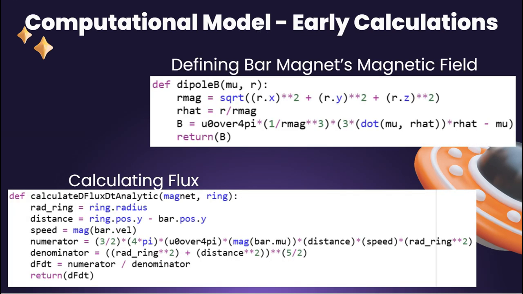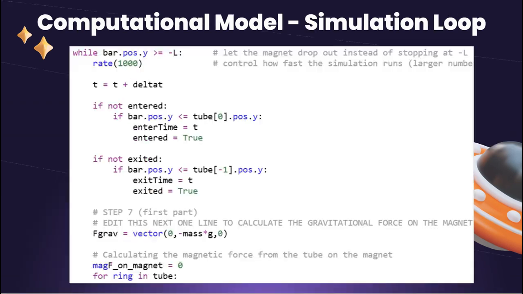The first calculations we did define the bar magnet's magnetic field, which is this definition at the top, and then calculate the flux down at the bottom, utilizing the magnetic field of a dipole formula and Faraday's law, respectively.